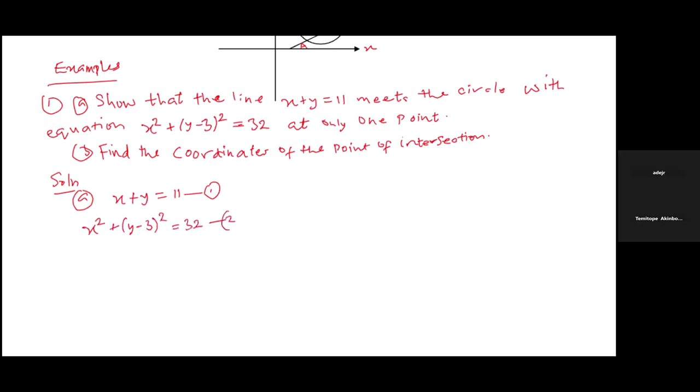So from equation 1, you can make either x or y the subject and substitute in equation 2. From 1, I'm going to make y the subject, so y equals 11 minus x. Let's call that 3. So substitute equation 3 into equation 2, meaning I will replace y with 11 minus x.